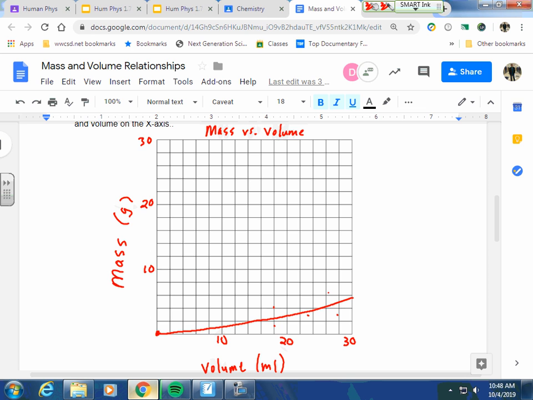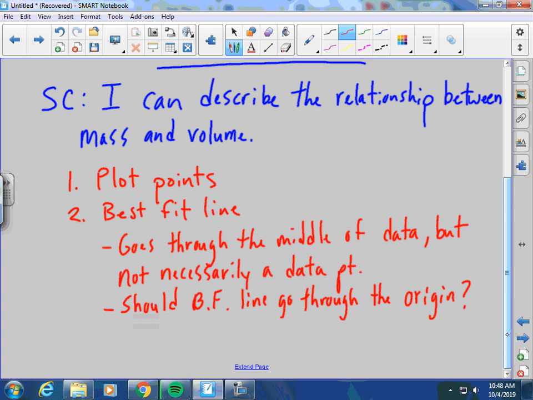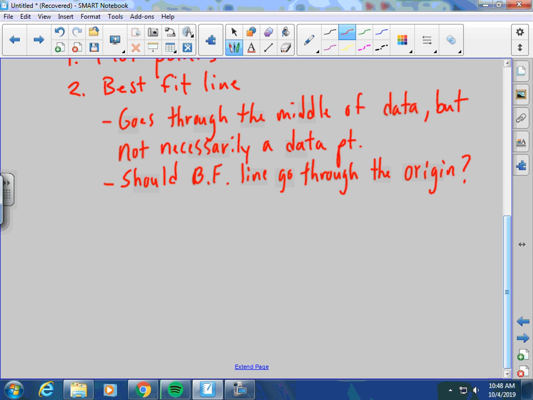The next step that we're going to do is we are going to try to calculate the slope. You'll see slope at the end of your worksheet. So the slope basically tells me how steep the line is.